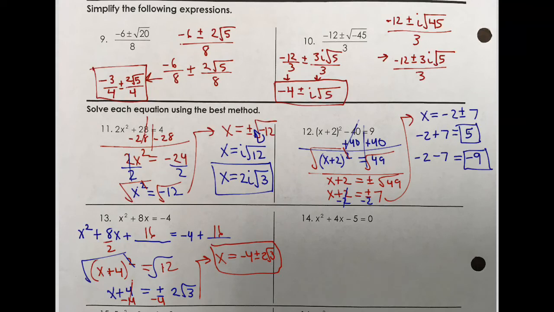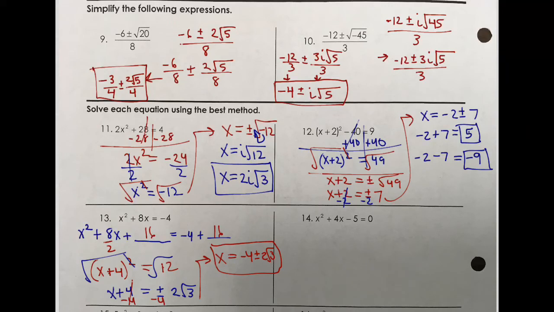All right, next is number 14. We want to see if we can factor that. You can put it in PolySolve in your calculator, a, b, and c, and see if you can. If it gives you a whole number or a non-decimal without an i, then you can just solve by factoring.